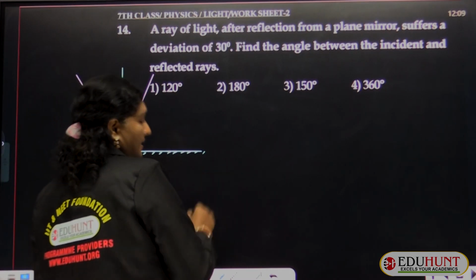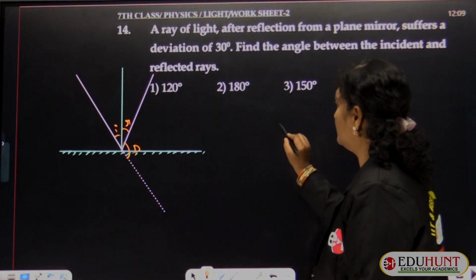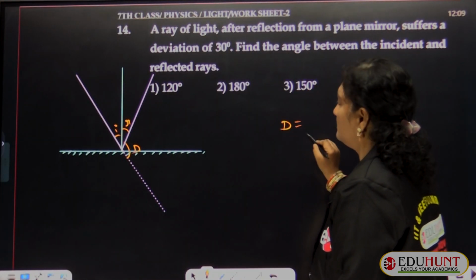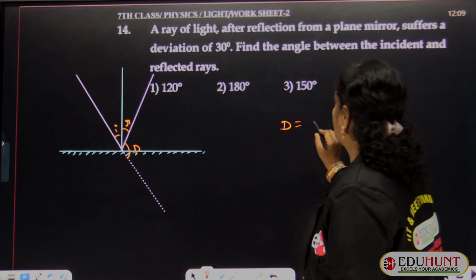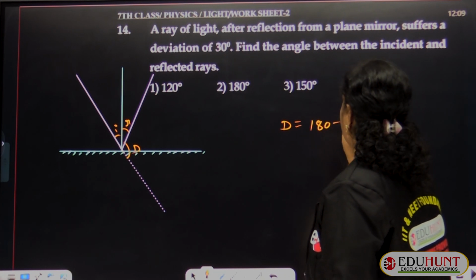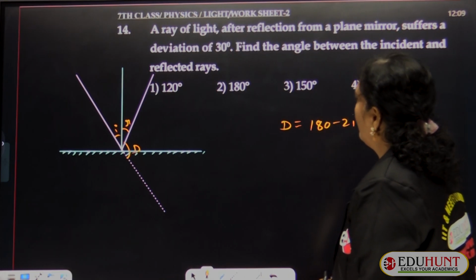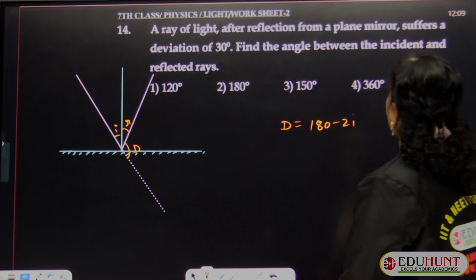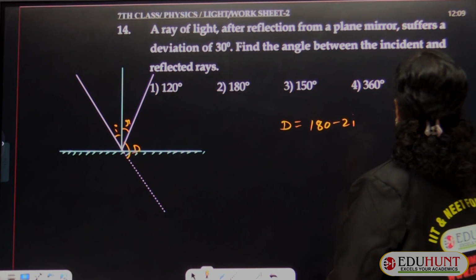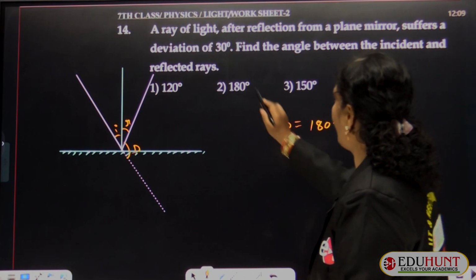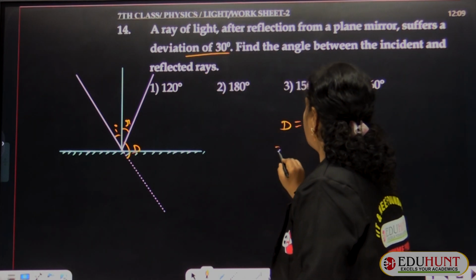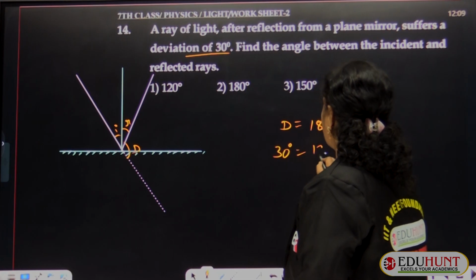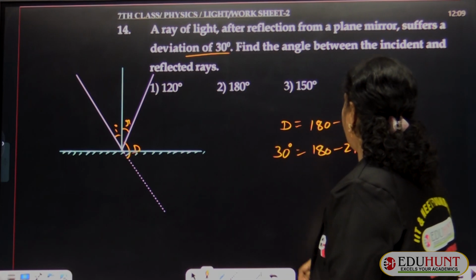The formula is d is equal to 180 minus 2i. The value of deviation itself is given as 30 degrees, so 30 must be equal to 180 minus 2i.